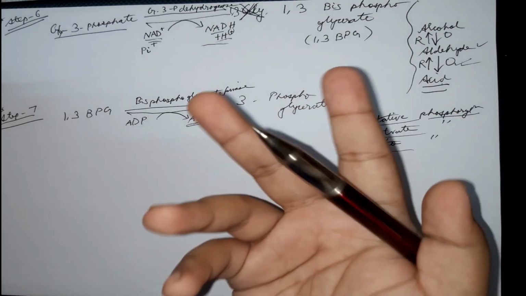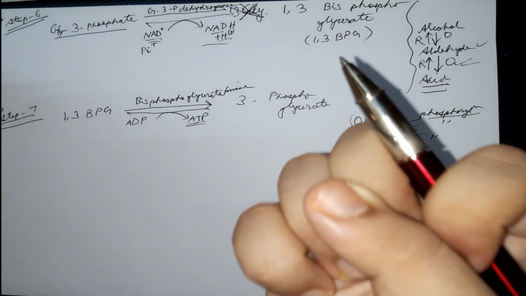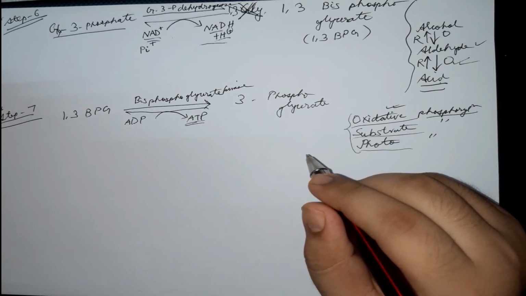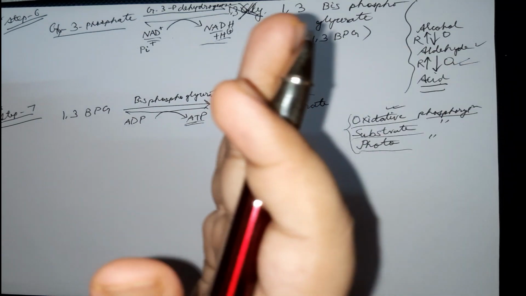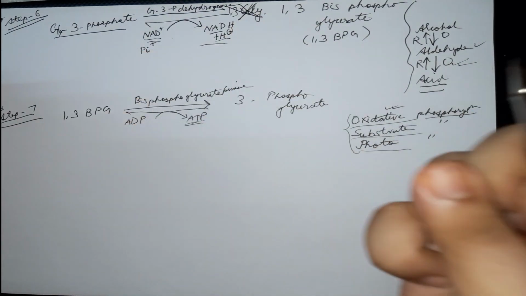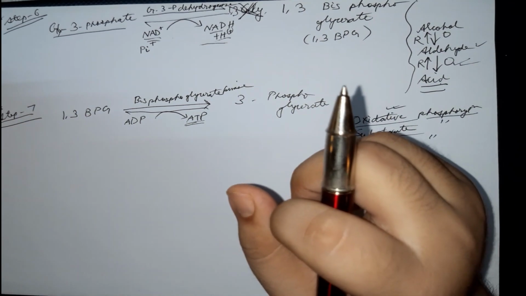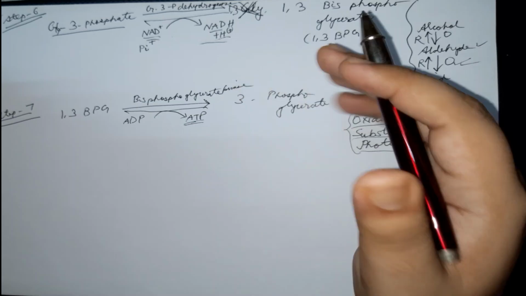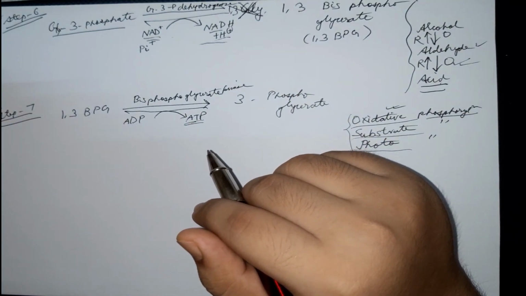We all know that ATP is a form in which energy is trapped, right? So oxidative phosphorylation is the way in which something is oxidized and the energy released is trapped in the form of ATP. For example, we'll see later, the electron transport chain. That's an example of oxidative phosphorylation.